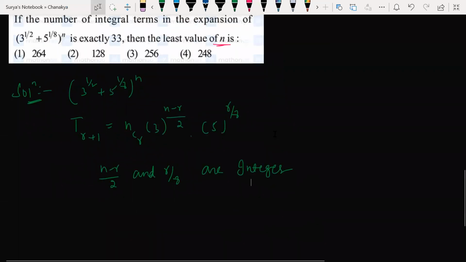So what must the r values be? r can be 0, 8, 16, 24, 32 and so on, which means it must be a multiple of 8 only.